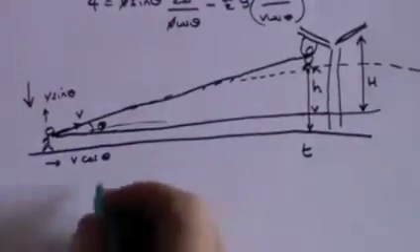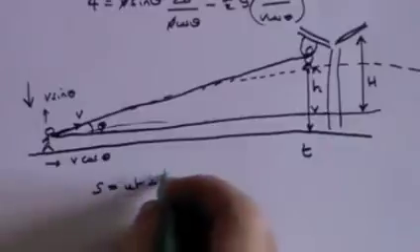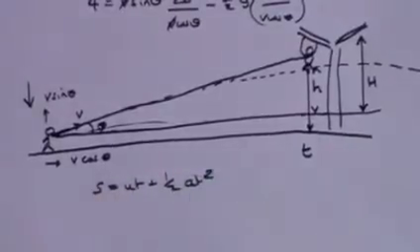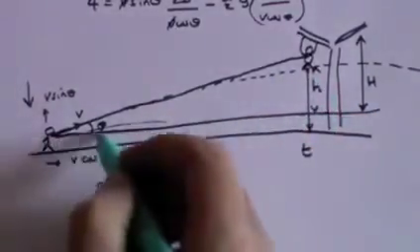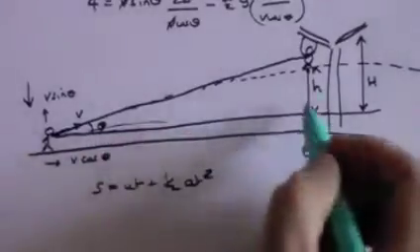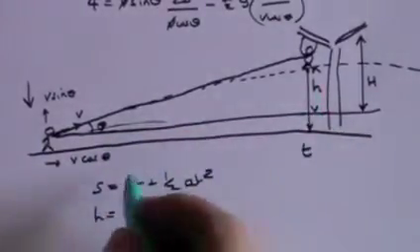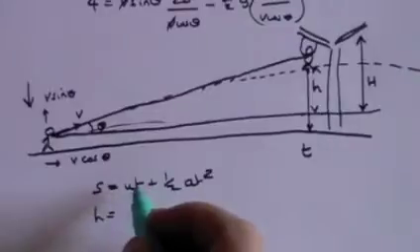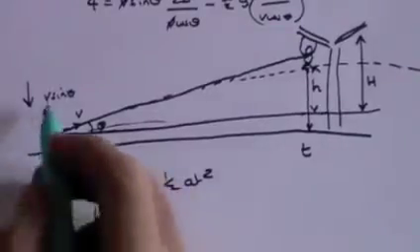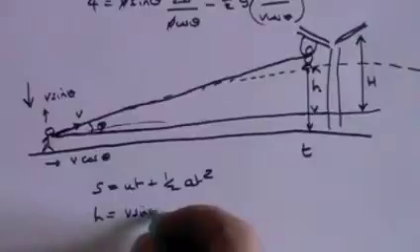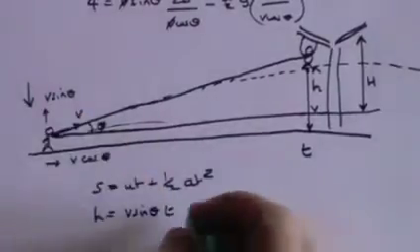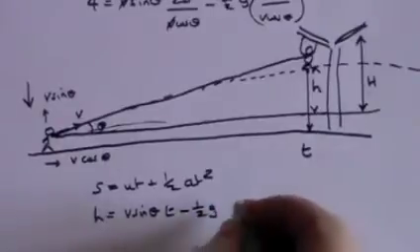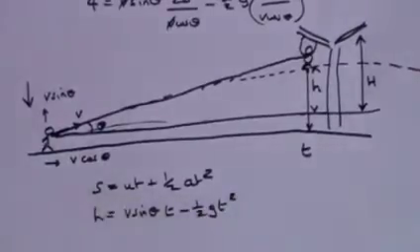Now we can use the formula that S equals ut plus half at squared. It's familiar, we've been using it quite a lot. That means that the height h above this line here, which is the line from which the bullet is fired, is equal to ut, where u is the vertical component, which is v sine theta times t, and then minus, because gravity is acting downwards, minus a half gt squared.